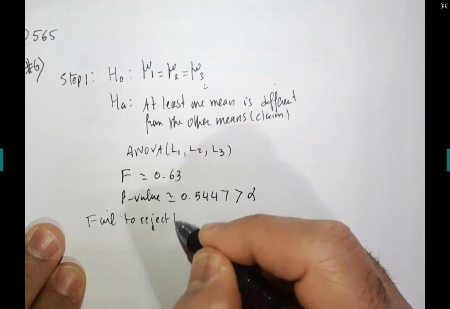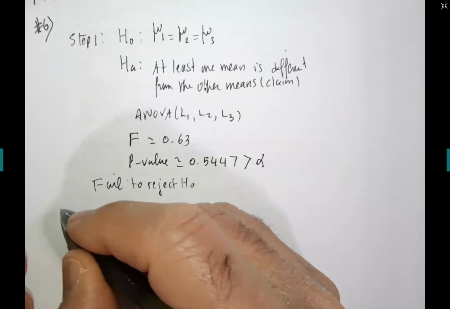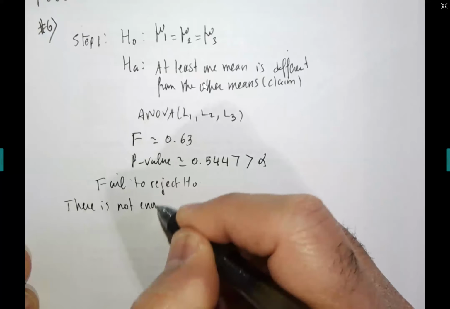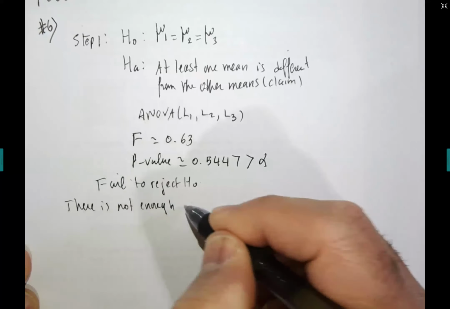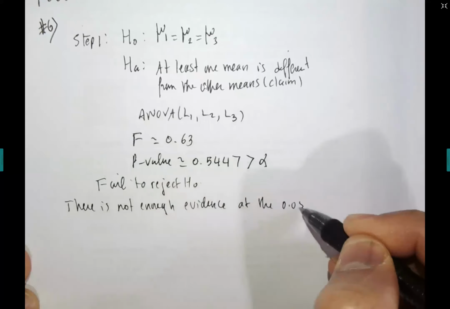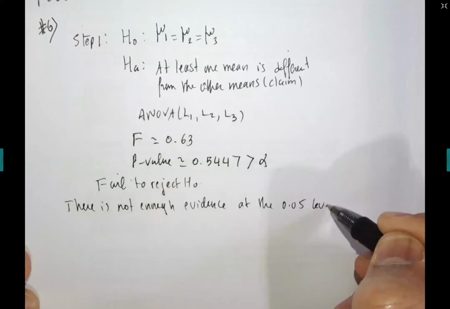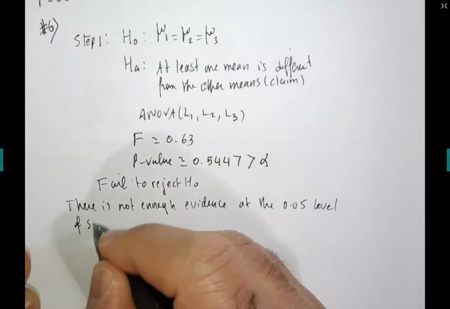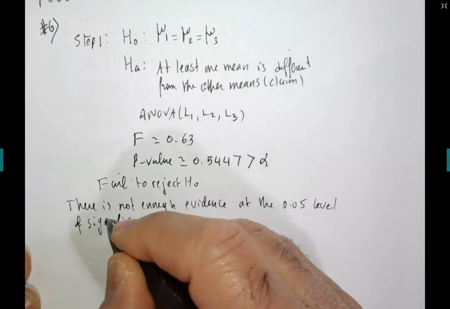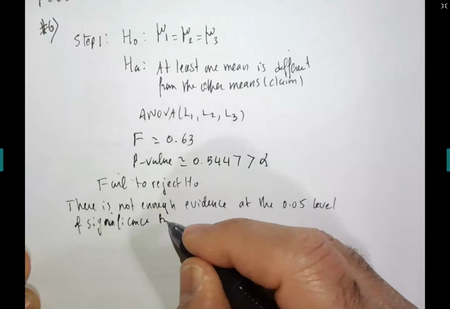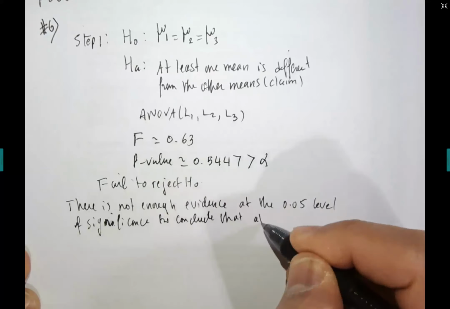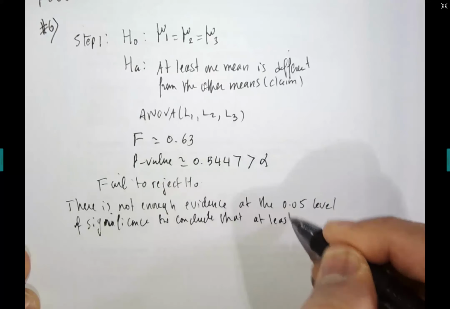And here's the conclusion. There is not enough evidence at the 0.05 level of significance to conclude that at least one mean is different from the others.